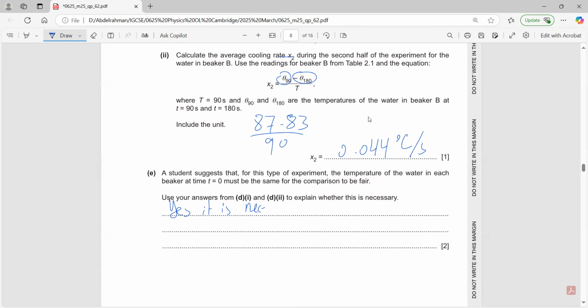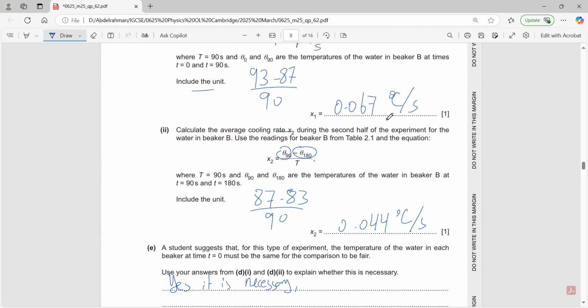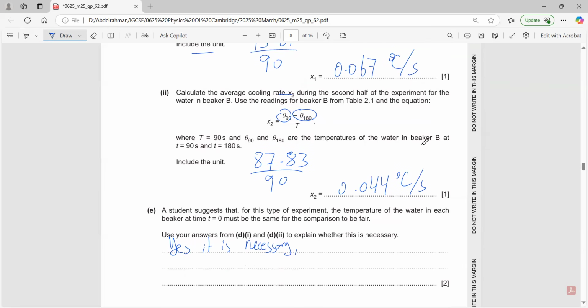Let's see. When you had a higher temperature at theta 0, which was 93, the rate of cooling in 90 seconds was 0.067. When you had a lower temperature at theta 90, which was 87, the rate of cooling in the next 90 seconds was 0.044, meaning that the rate of cooling has decreased.